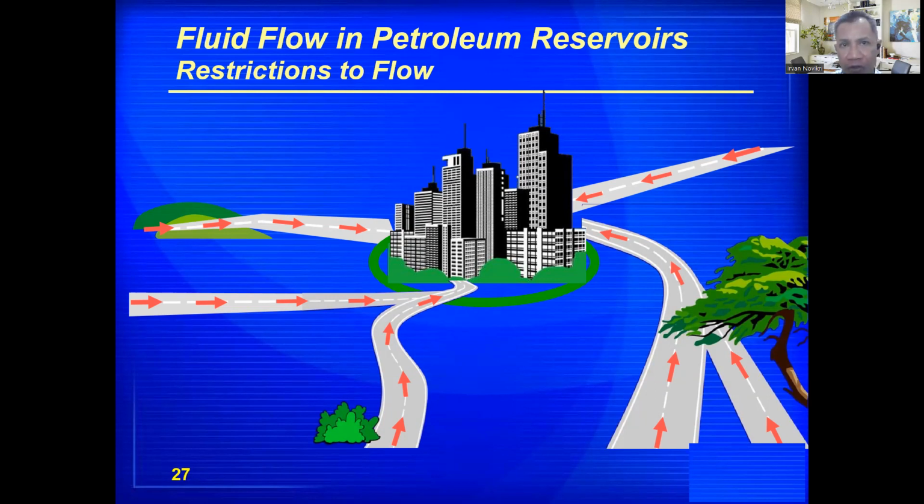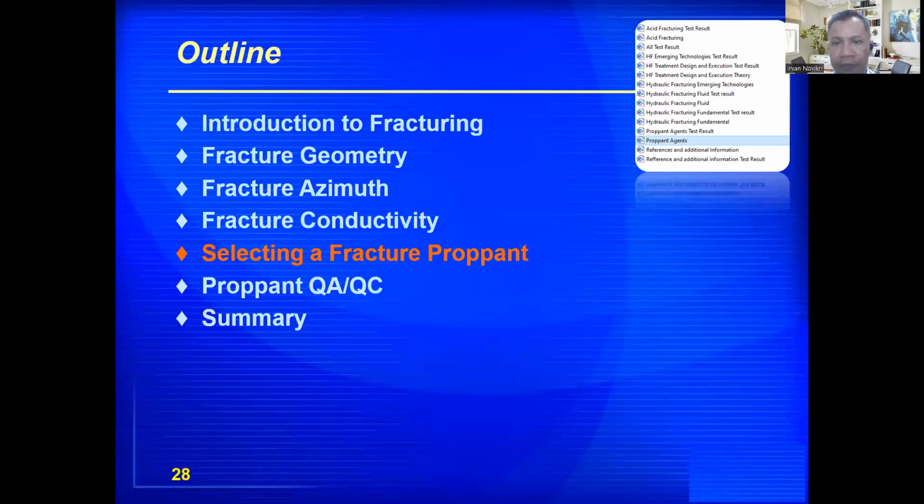As you get closer to downtown, or the wellbore, things start speeding up rapidly. So if you don't have good conductivity right there at the wellbore, you create a choke point, and it quite often does limit the production you can get out of one of these wells.